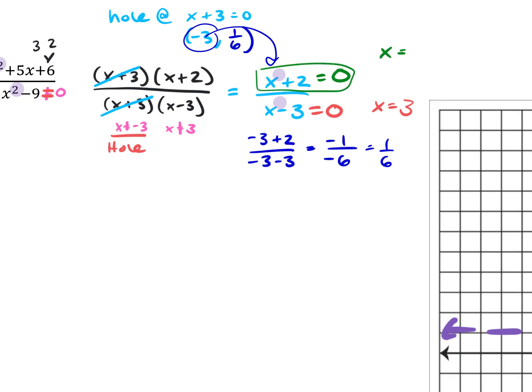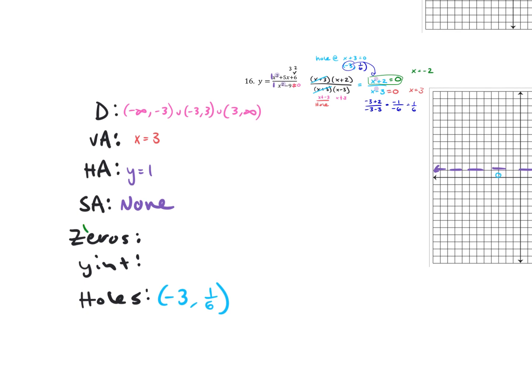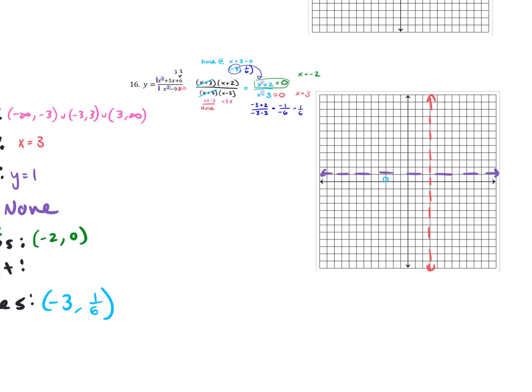So x equals -2. So our 0, which is the same thing as the x-intercept. It could ask for either one. X-intercept and zeros are the same thing. So that would be -2. As a point, we'd say -2, 0. So if I put that on my graph, I'm going to go to the left to -2 and stay at 0.